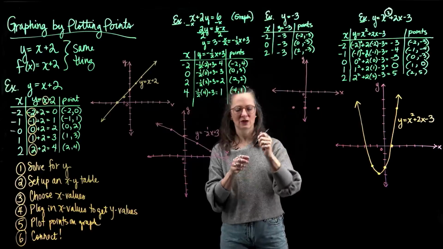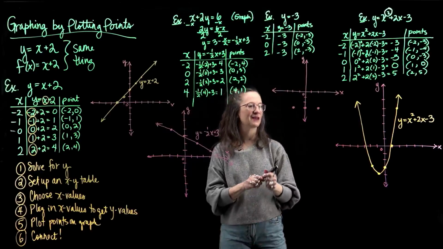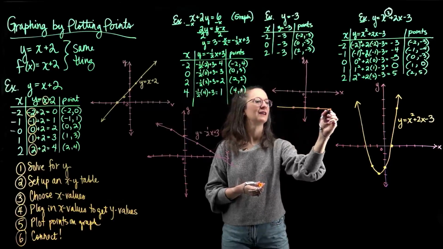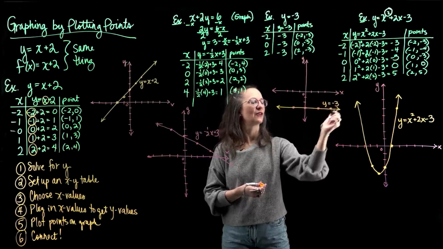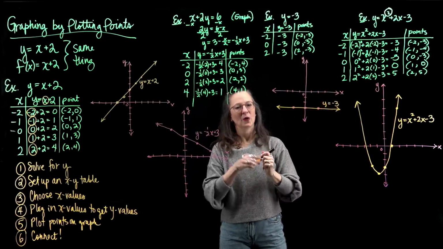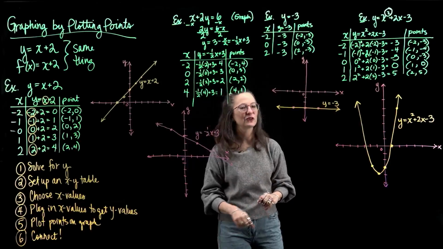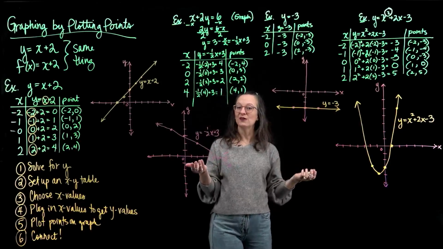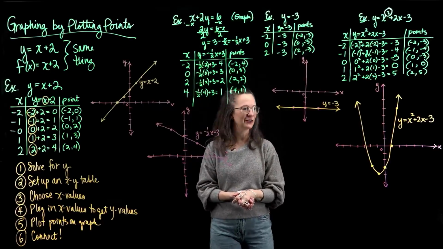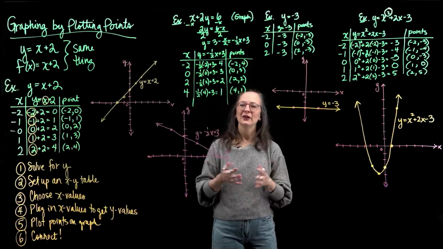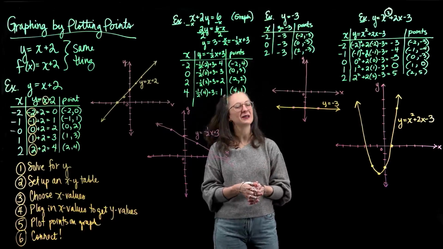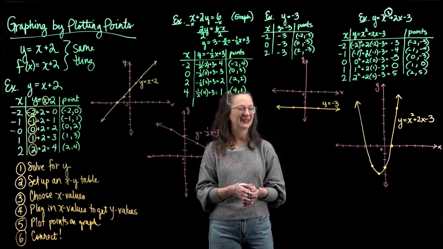And you notice they are going to form a horizontal line, y equals negative 3. So watch out for those kind of tricky lines where there's a rule, but it doesn't involve your x value. No matter what kind of rule you're given, you're going to be able to use plotting points to find a good graph for that.